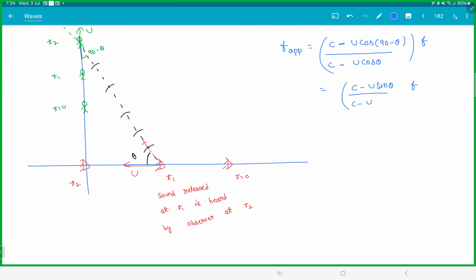Now we are stuck with theta. If I know theta, my job's done. How do I find theta? A few years back, I tried solving it. Normally you can solve with T1, T2 and the answer will come.